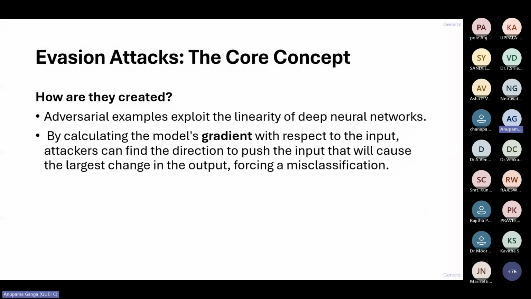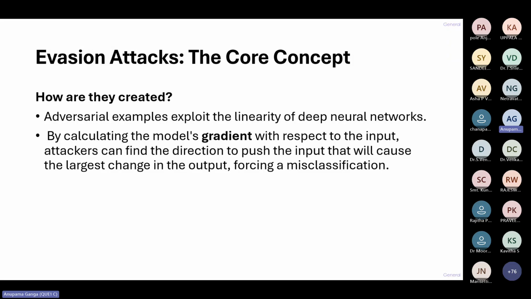So how are these adversarial attacks or evasion attacks created? All neural networks use gradients. I think we slightly touched upon gradients in our last session also.